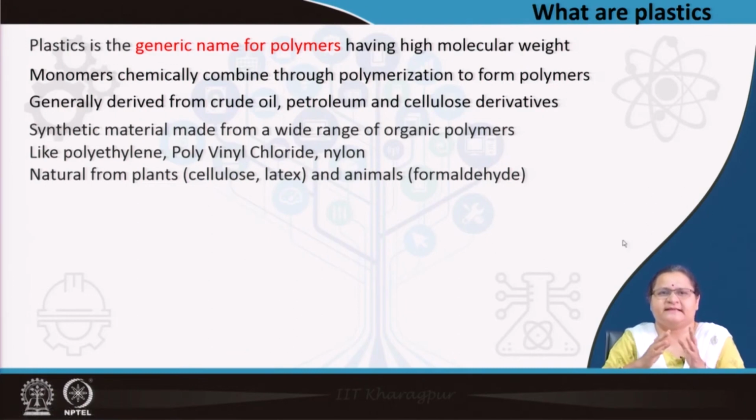So, what are plastics? It is the generic name for polymers having high molecular weight. So, what is polymer? Now, polymers are monomers. Mono means single, monomers chemically combining by the process of polymerization to form polymers.